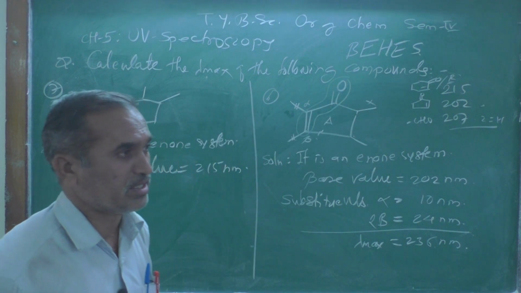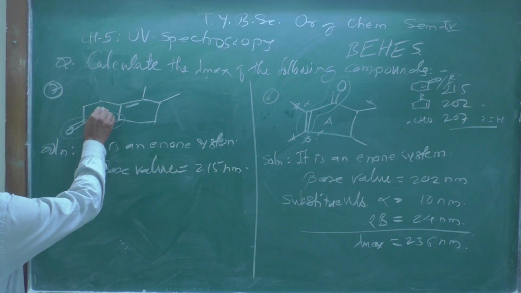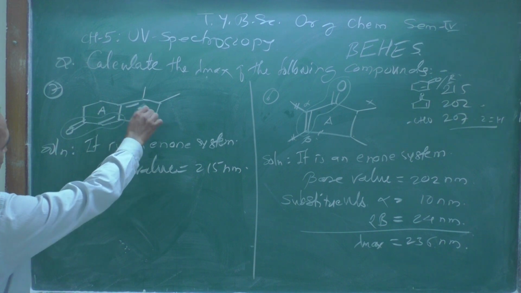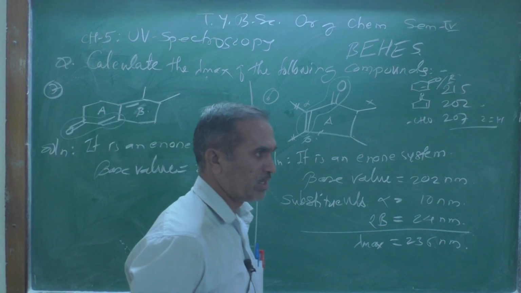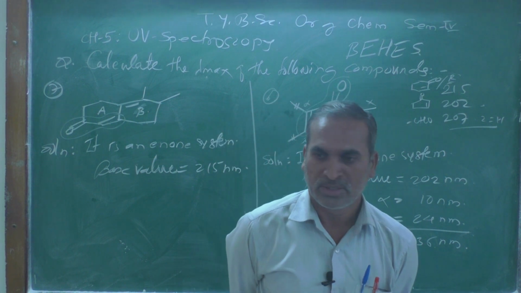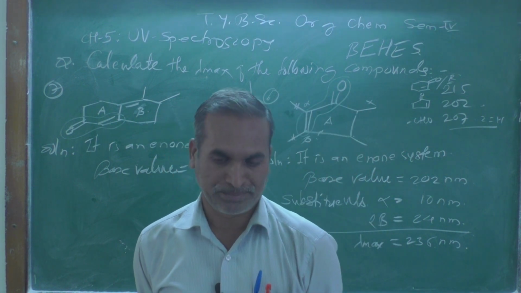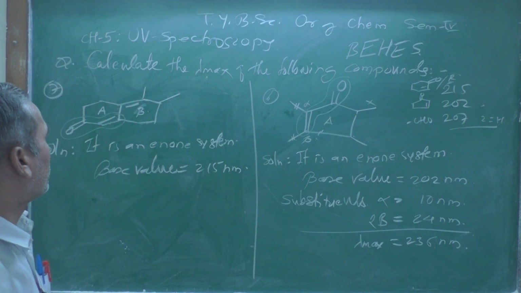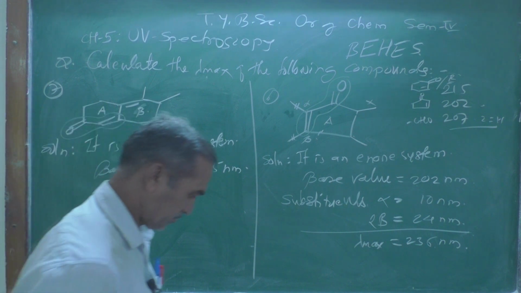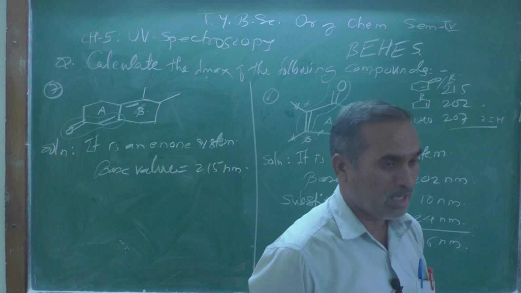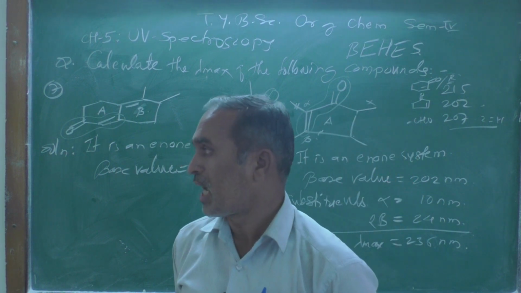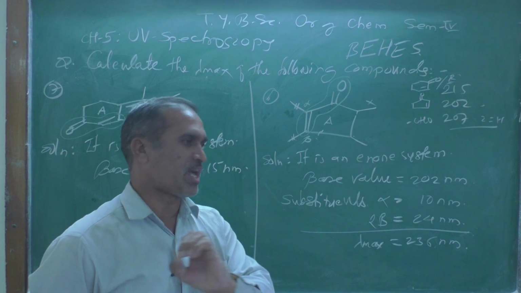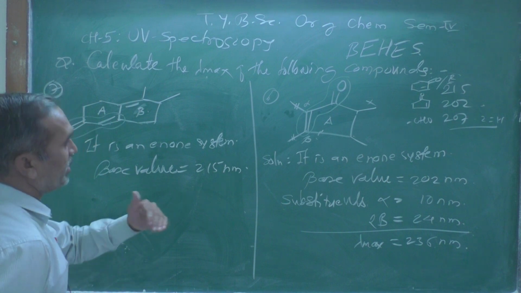Is there a ring present here? Yes. If you observe this structure carefully, you will find there are two rings. One ring we can call the A ring, the second ring we can call the B ring. Why is labeling necessary here? It will help you to calculate the lambda max very accurately, very precisely, and that's why it is needed.